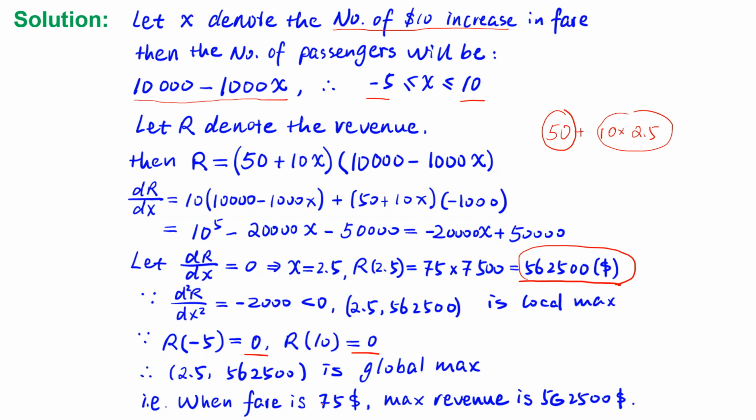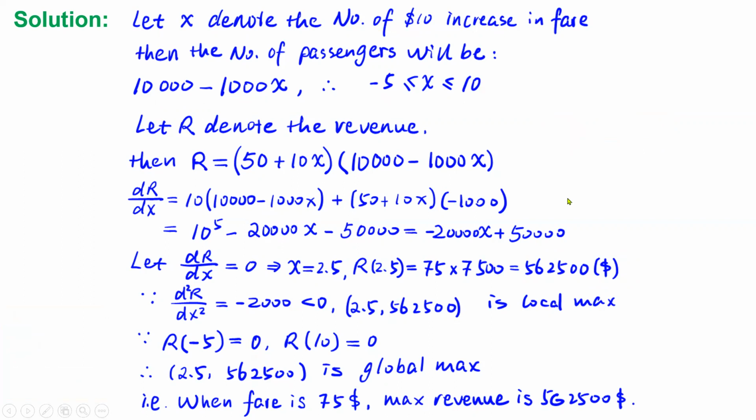That means when the fare is $75, the revenue can be maximized to $562,500. You understand? Okay, have a look at the solution here. Any questions, just let me know, okay?